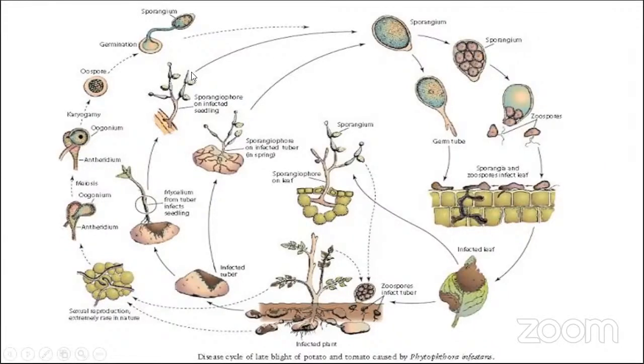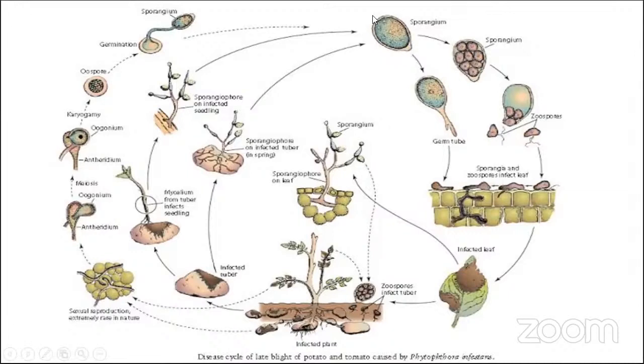These sporangia get dispersed from the infected plant parts by wind or splashes of rain. They get detached from the sporangiophore, which has emerged from the leaf stomata, and this is the sporangium which is having the beak.